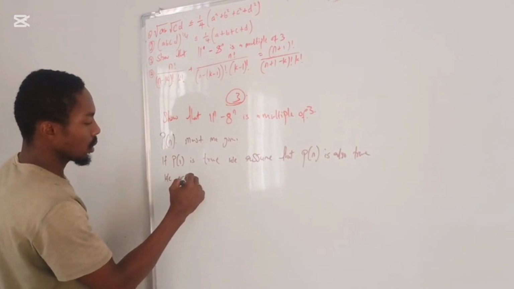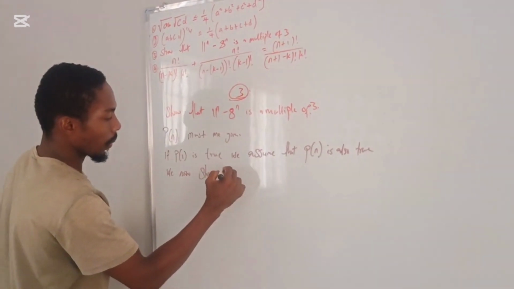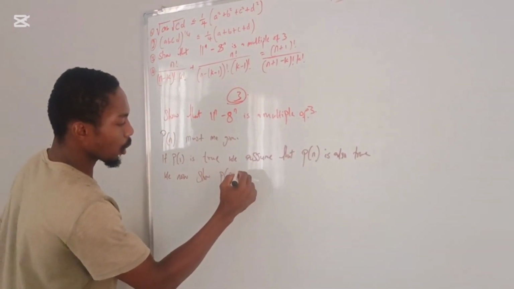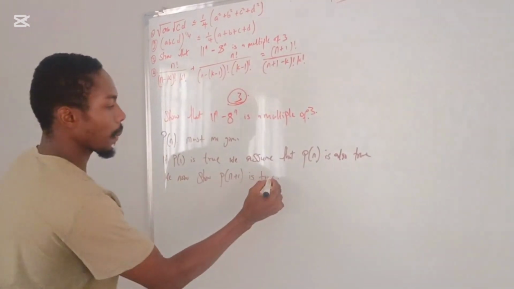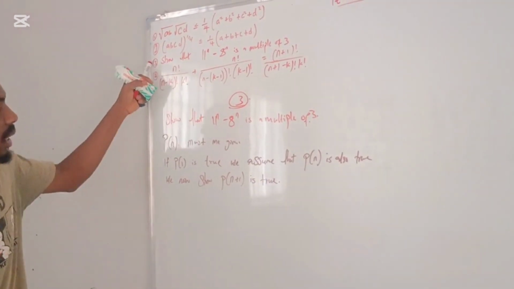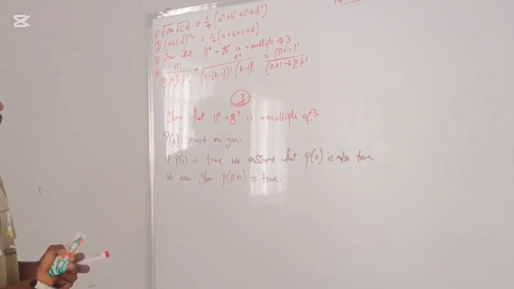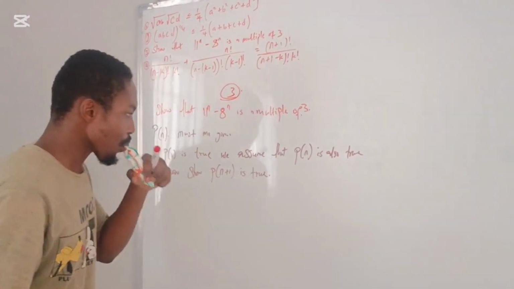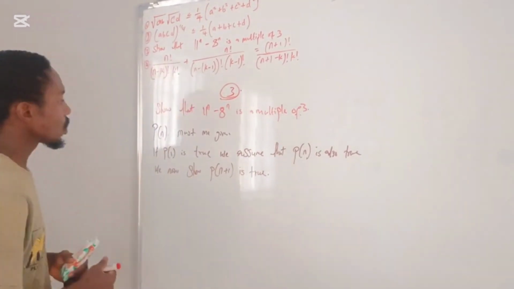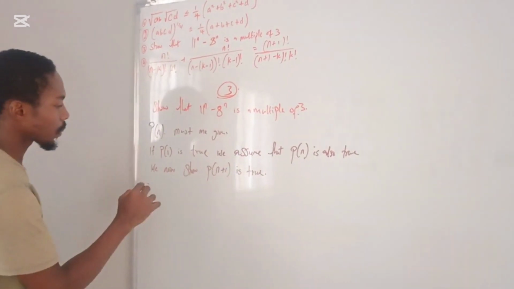We now show that P of n plus 1 is true. So, question number 3 and question number 4, we are going to solve them using mathematical induction. Alright, so let's continue.